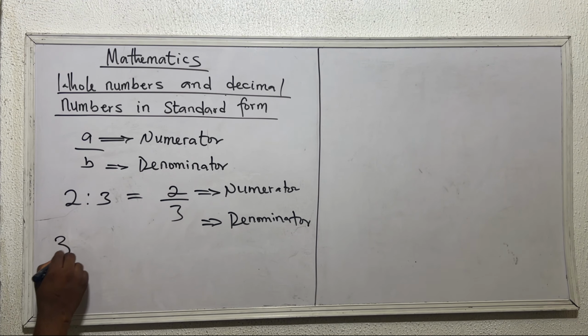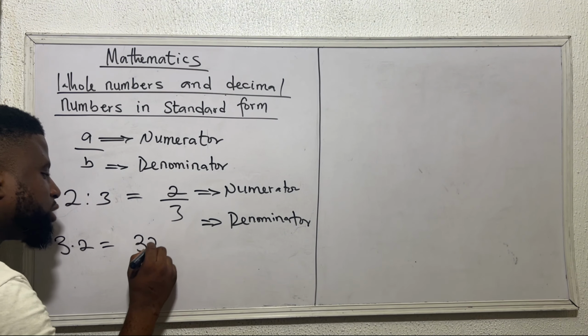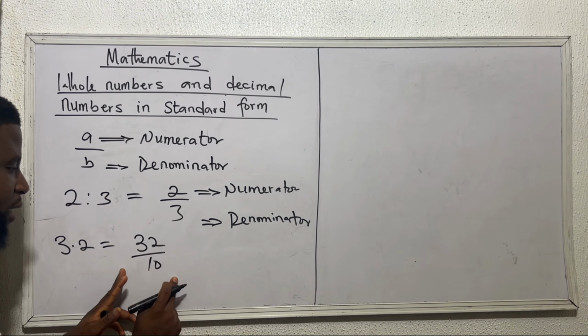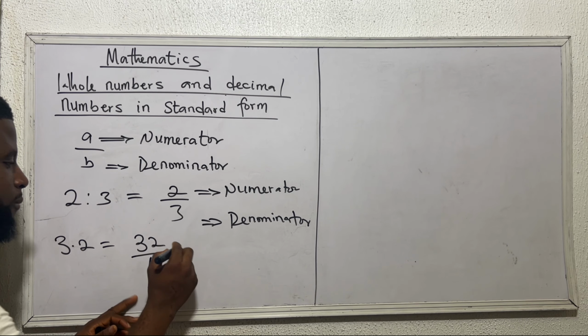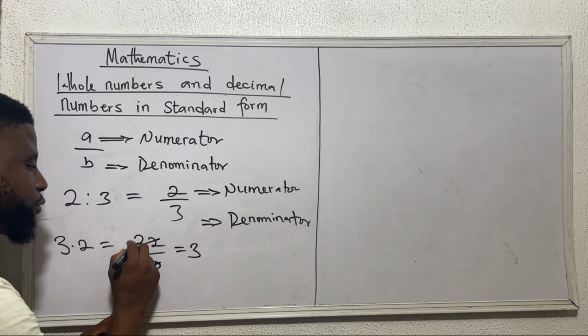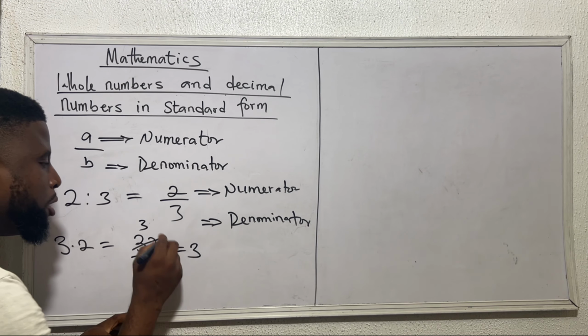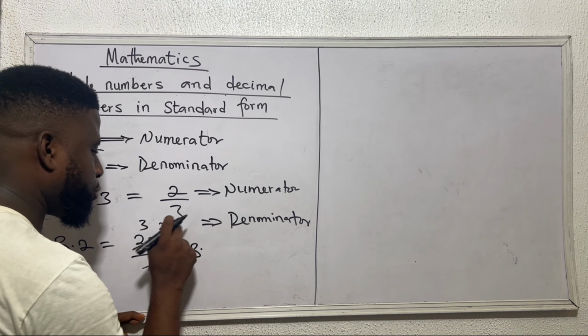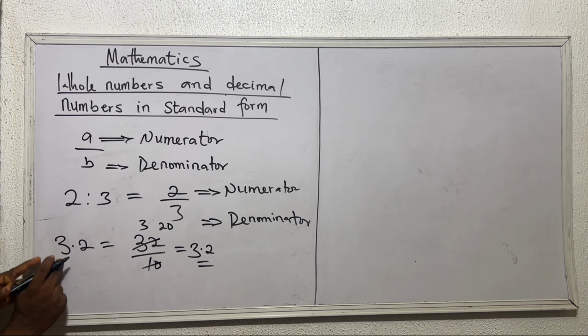Also, if we have 3.2, for example, it is the same thing as 32 over 10. If you simplify this fraction, you will get 3.2. 10 goes into 32 three times, right? Remember 2, add 0, right? Then you add the point. 10 goes into 20 two times. It's the same thing.